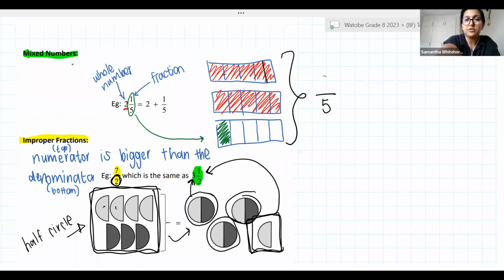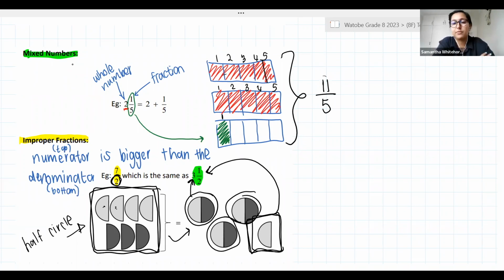In my first rectangle, all 5 parts are shaded in. In my second rectangle, all 5 parts are shaded in. So that's now 10 parts. And in my third rectangle, I've only got 1 part shaded in. So that would give me 11 over 5 as an improper fraction.